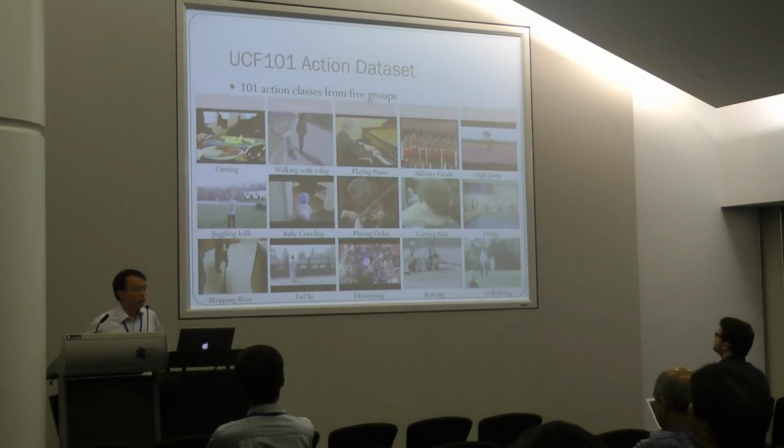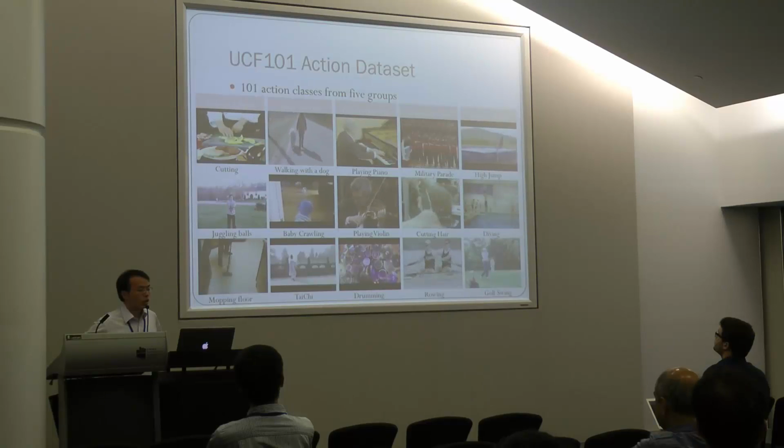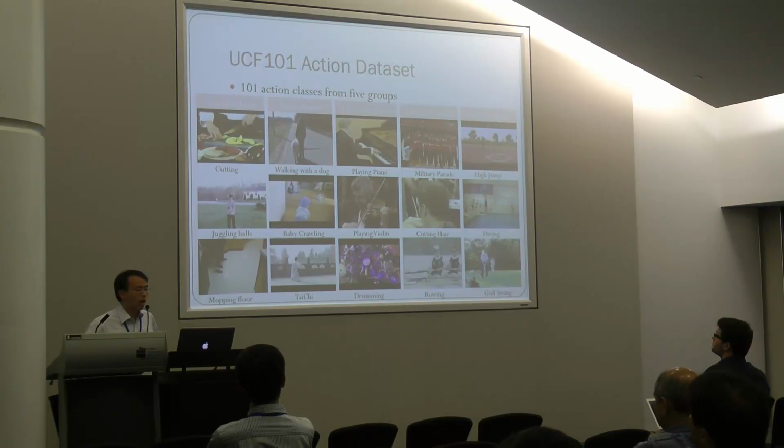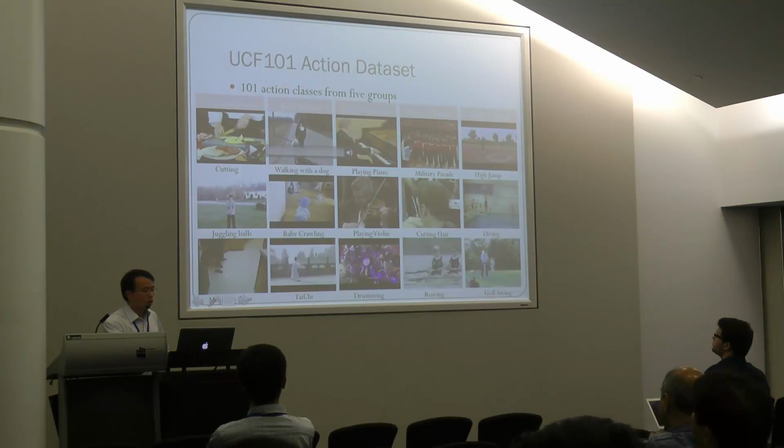So this year, as we mentioned earlier, we use UCF101 as the benchmark. This set has 101 action classes, and we group them into 5 categories, which include human object actions, and also human body motions, like walking with a dog and playing instrument.